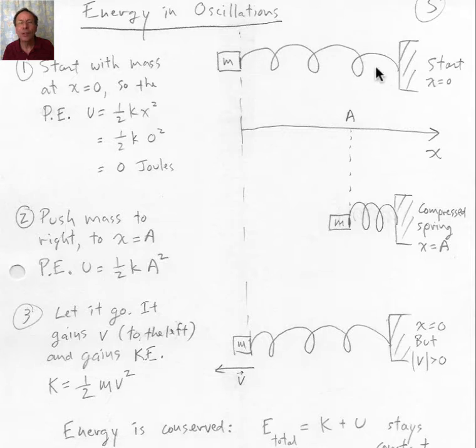That's the potential energy of a spring, is going to be 0 joules. Now, we push to get it to a location x, which will be A. A obviously is going to become the amplitude. At this time, the potential energy is 1/2 kA squared.